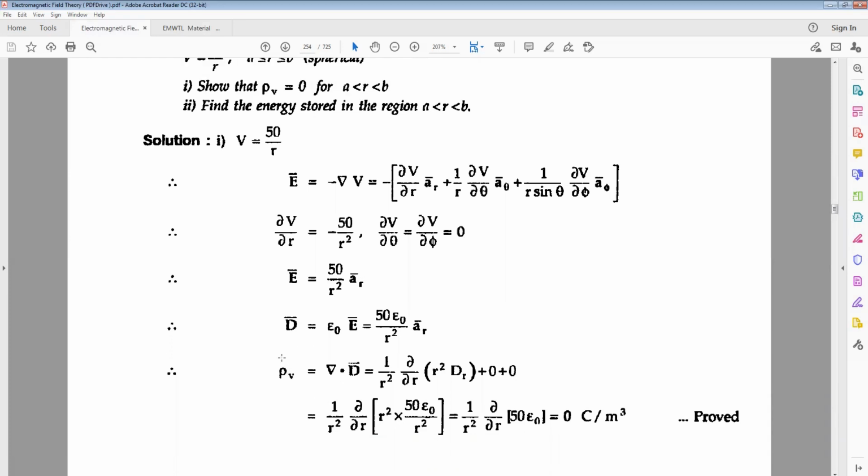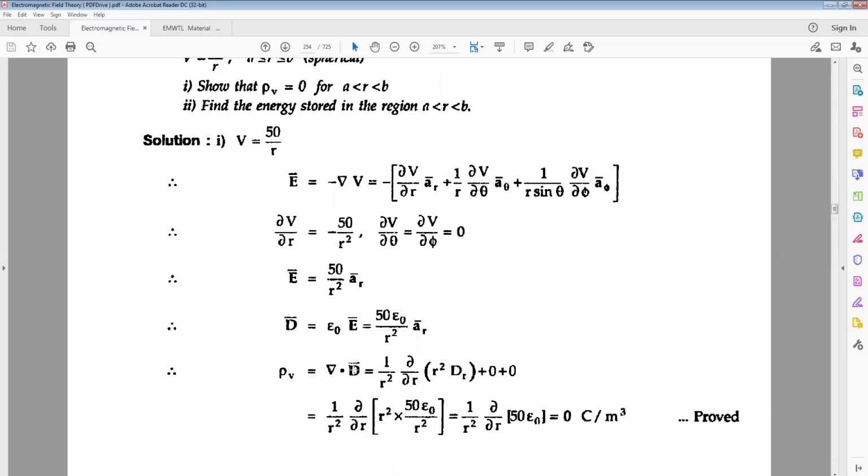And the energy stored, not the energy stored, first show that rho V is equal to 0. Del dot D bar is equal to rho V. So D bar we already got, 50 epsilon by R square into AR bar. For del dot D bar, we can apply the derivative with respect to R only. The remaining terms are 0.